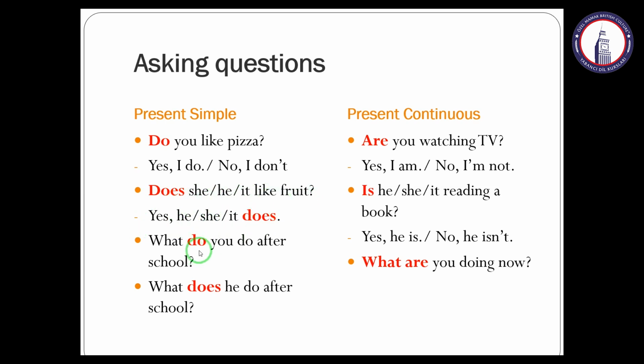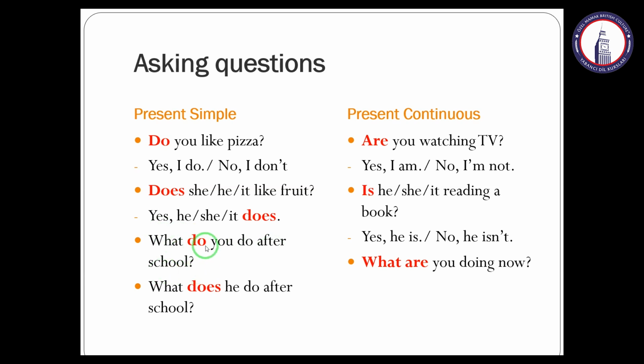What do you do after school? This is a WH question. How can we make a WH question? This is so easy. You can bring a WH word like what, when, where, how, what time, anything like that, to the beginning of a yes/no question. If you delete this what, what is the rest?